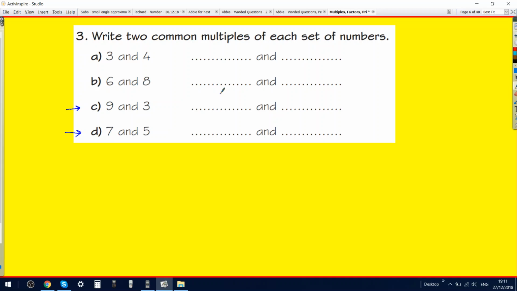So what's the common multiple? 1, because they're also both in the 1 times table. So that would be a factor. Like 3 isn't in the 9 times table. But 9 is in the 3 times table. Yeah. So what could you do there?